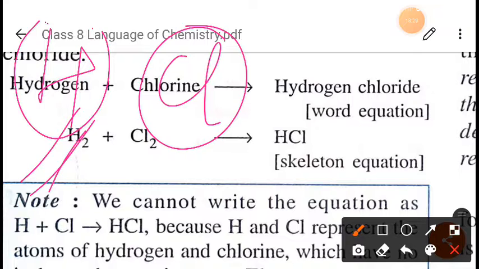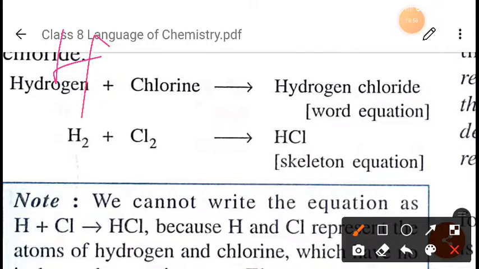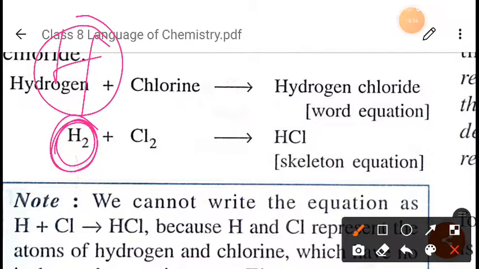So the two reactants must be written as H2 and Cl2. They are in their molecular form, whereas H and Cl alone are the atomic form. When we write H2, it is the molecular form, and when we write Cl2, it is also the molecular form.